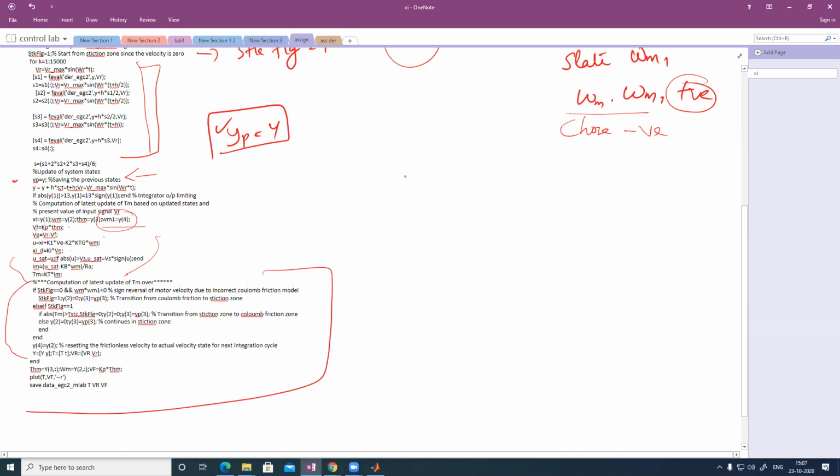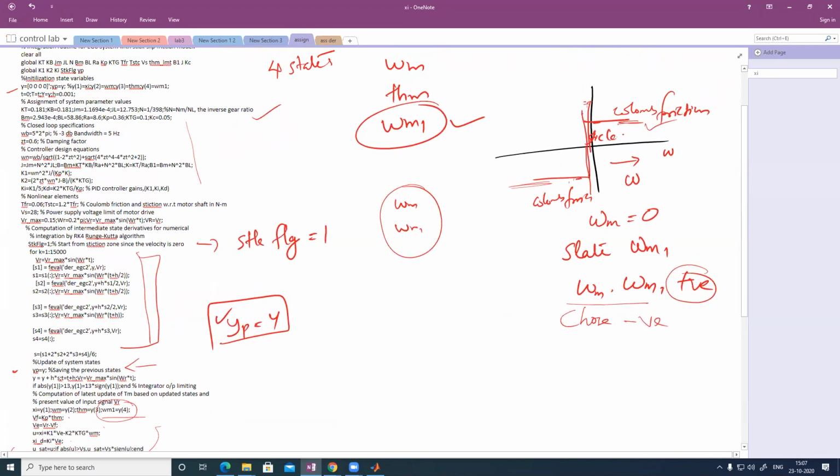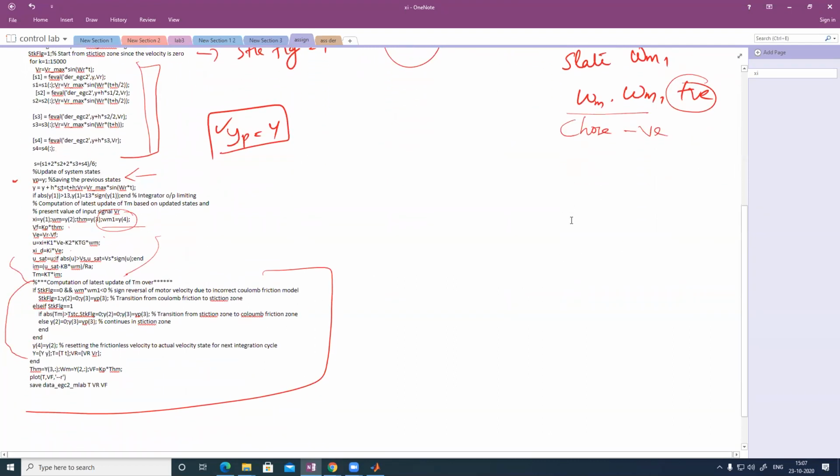If the stick flag is 0, which means in this portion, you have to check that the stick flag is 0 and omega m multiplied by omega m1 is less than 0. That means a sign reversal of motor velocity. That sign is reversing because of the Coulomb friction model we are using.